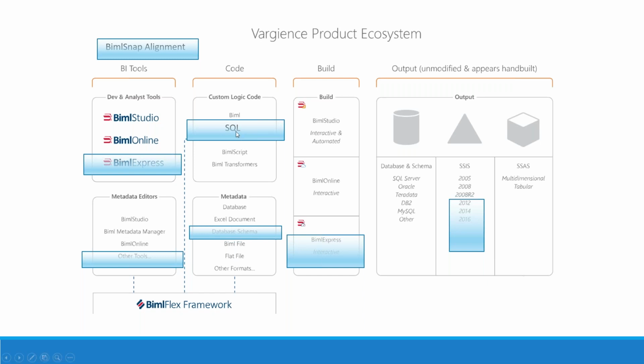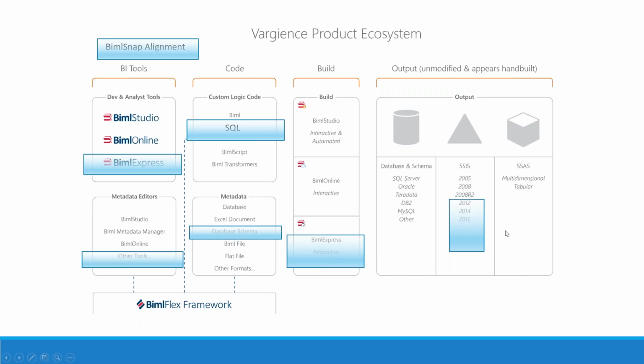All of our logic is in SQL. We literally just say select tables, columns, et cetera, for XML, and that gives us the Biml. We output SSIS 2012, 2014, 2016, 2017 now.